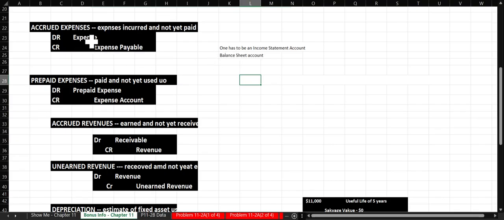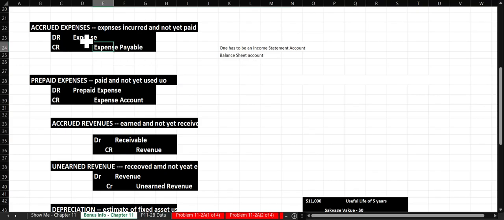Here's the example. The utilities expense, that's an income statement account, and the expense payable, interest payable, wages payable, any liability account, of course, is a balance sheet account, an account that we would normally find in the balance sheet.